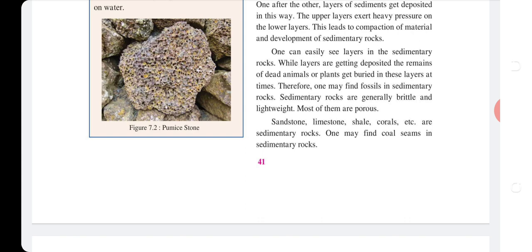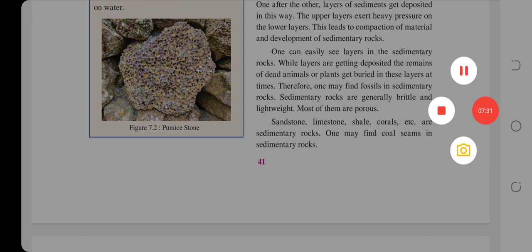While layers are getting deposited, the remains of dead animals and plants get buried in these layers at times. Therefore, one may find fossils in sedimentary rocks. Sedimentary rocks are generally brittle and lightweight. Most of them are porous.